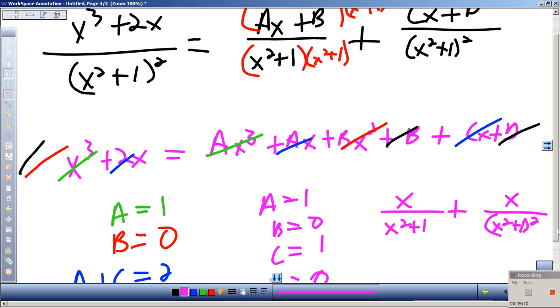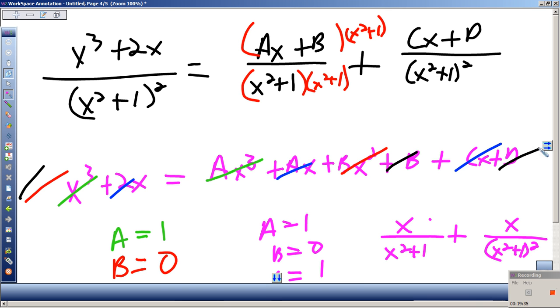What if b is 1? Okay, if b is 1, we have x plus 1. Let's see. What if a is 0? Then you just have the b.